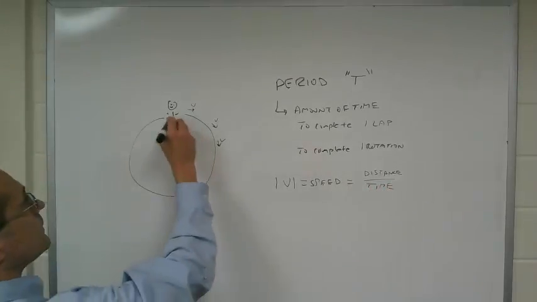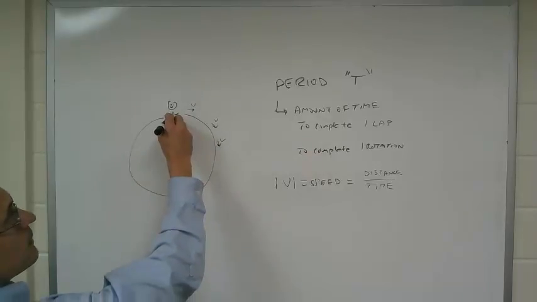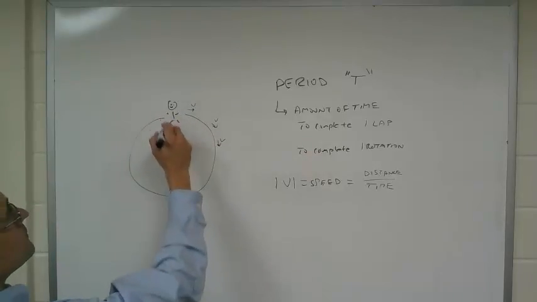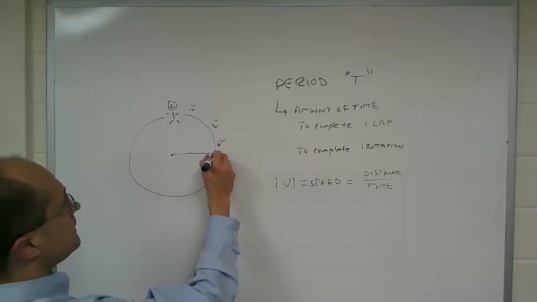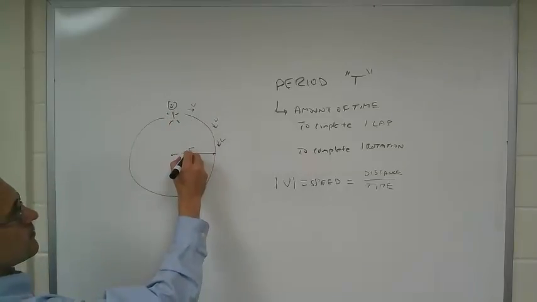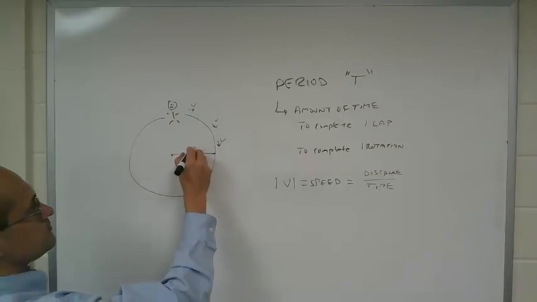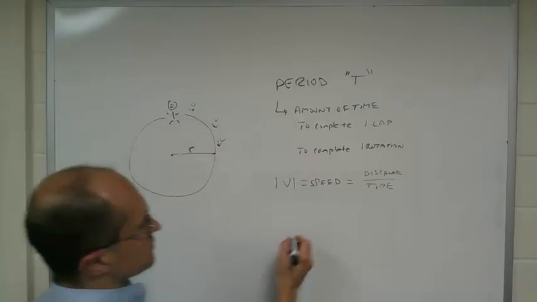So if we look at our runner, or some object that's rotating, as they go around the track, what distance do you cover? Well, if r is the radius of your circle, you cover the circumference of the circle.